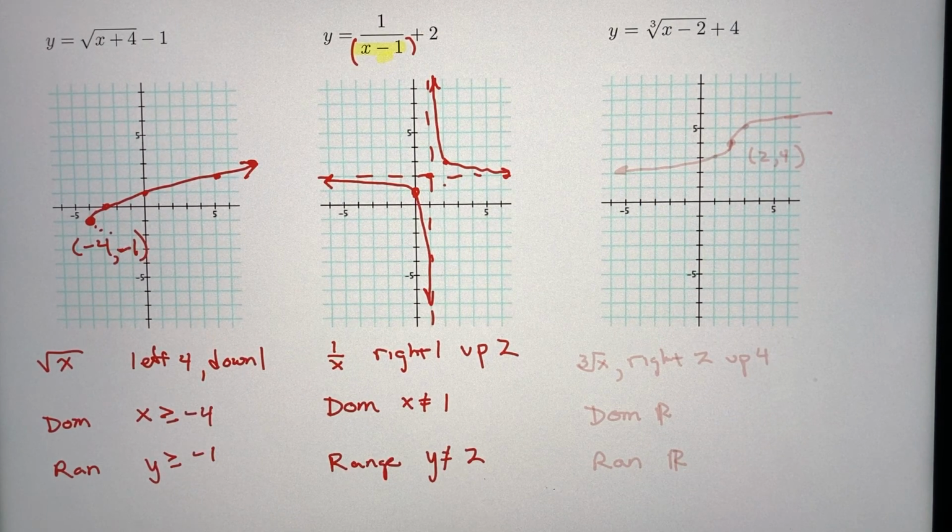Okay. Cube root function, let's see, right 2 up 4. If I graph right 2 and up 4, that point is (2, 4). Again, it's a sideways cubic. Fortunately for you, on the homework, I'm not making you graph it carefully. I'm just making you sketch it.